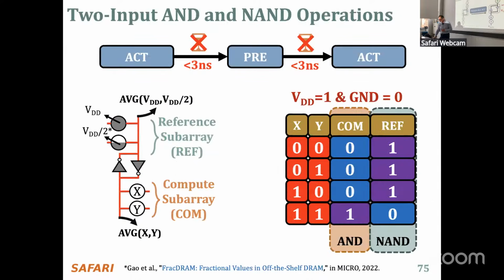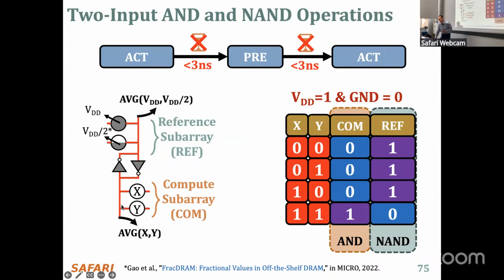That's what should happen. And you can now use this theory to put certain values to the reference subarray, which enables a certain computation to be done on the values X and Y. So for example, if you can initialize the reference subarray voltages to be VDD over here and VDD over 2, assume that you have 3 voltage levels, 0, VDD over 2, and VDD, then the value that you compute in the compute subarray is an AND function of X and Y. Assuming you do concurrent activation, you concurrently activate all these four.